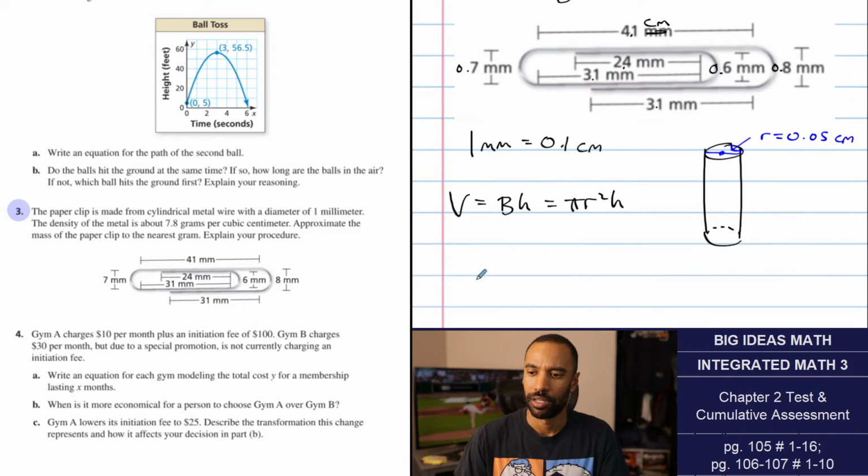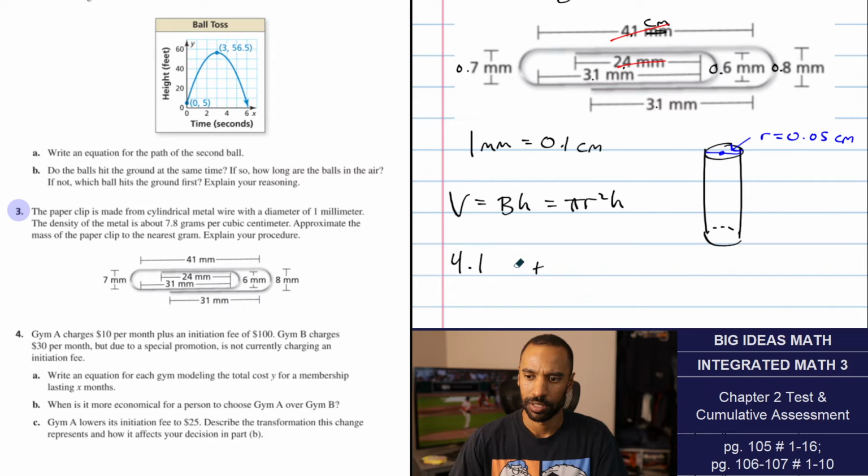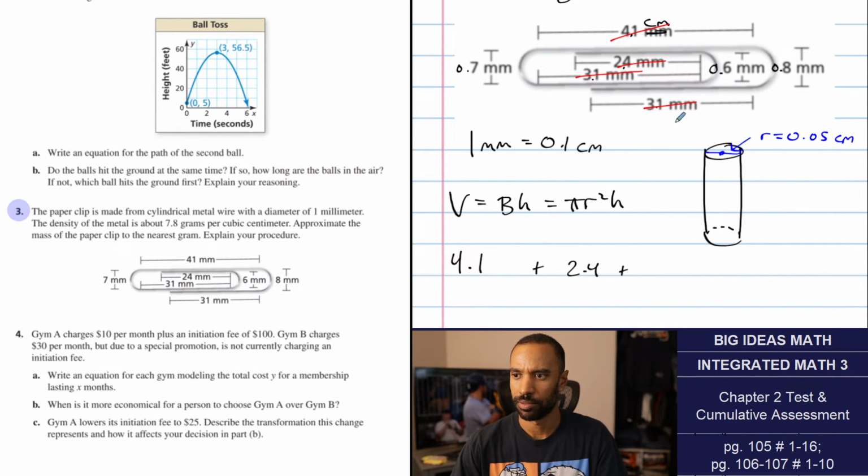We have 4.1, I'm looking at the top. We have 4.1 centimeters. Plus, I'm going to kind of cross things out in red. Plus 2.4, remember these are in centimeters, plus 2.4 centimeters. Plus 3.1 centimeters. Plus 3.1 centimeters.